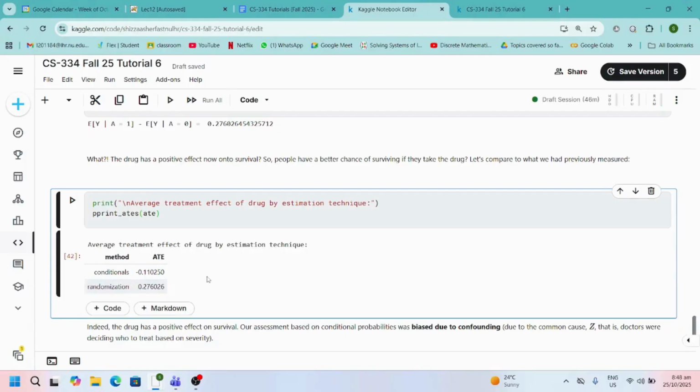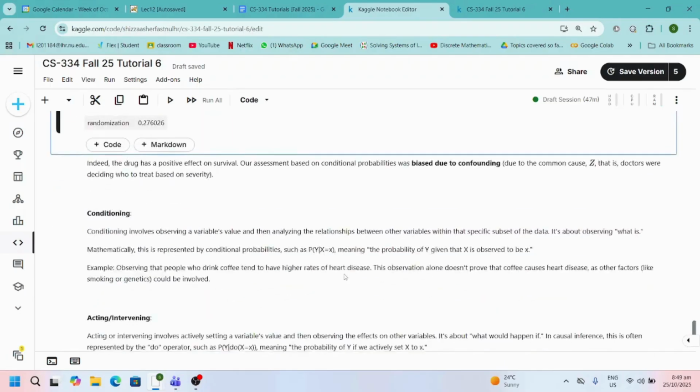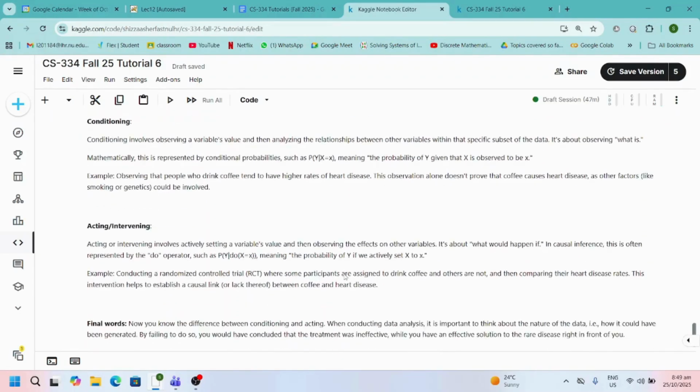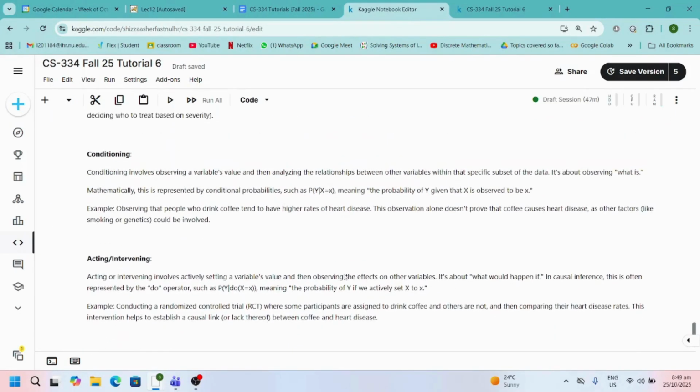When is conditioning going to give you the exact same result as randomization, as intervening? This happens when there are either no confounding variables or all confounding variables have already been controlled for. Just remember the difference between conditioning and acting or intervening as well.